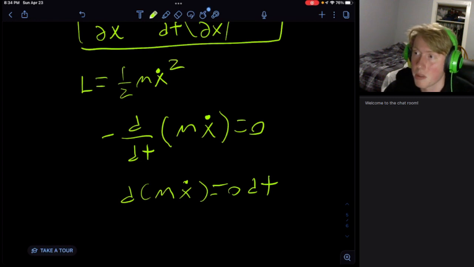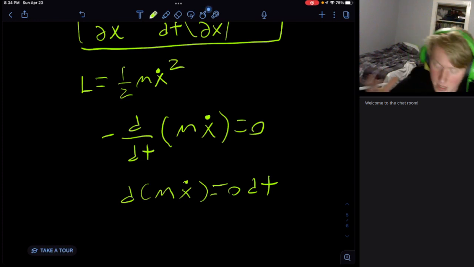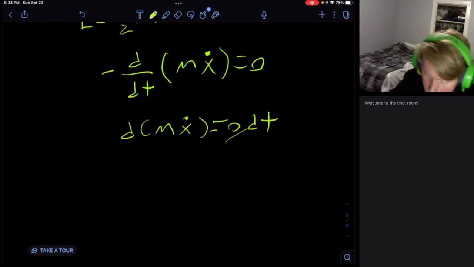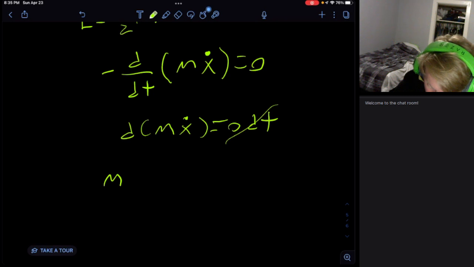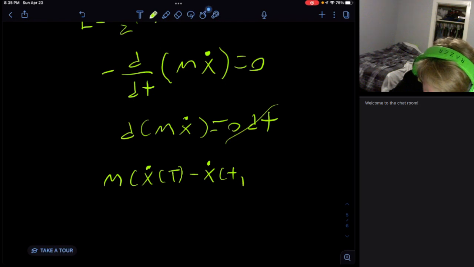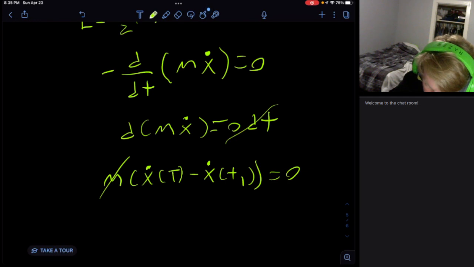Using the principle that there's no potential energy, we can derive that x dot is constant. The mass can come out, x dot we'll call b, minus x dot at t1 equals 0.